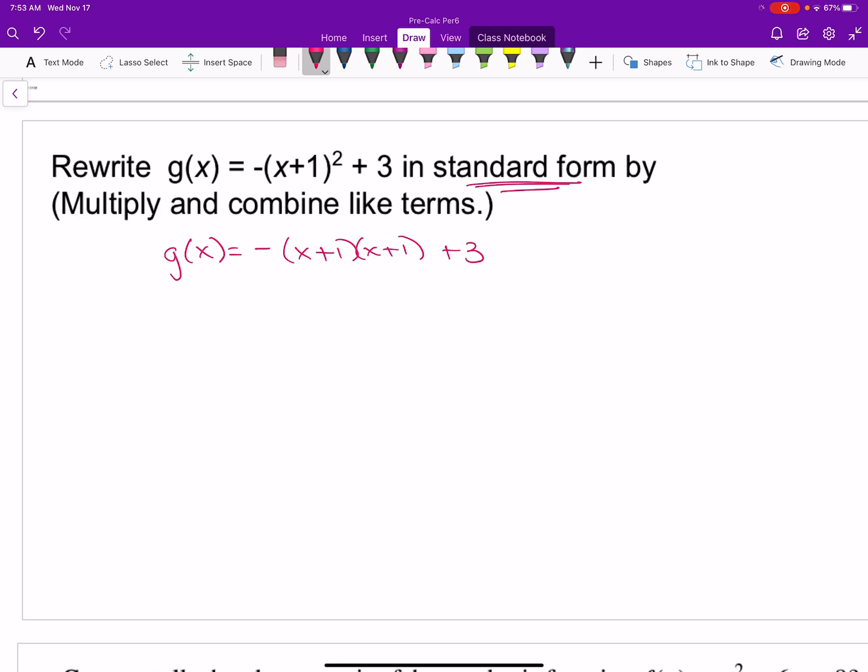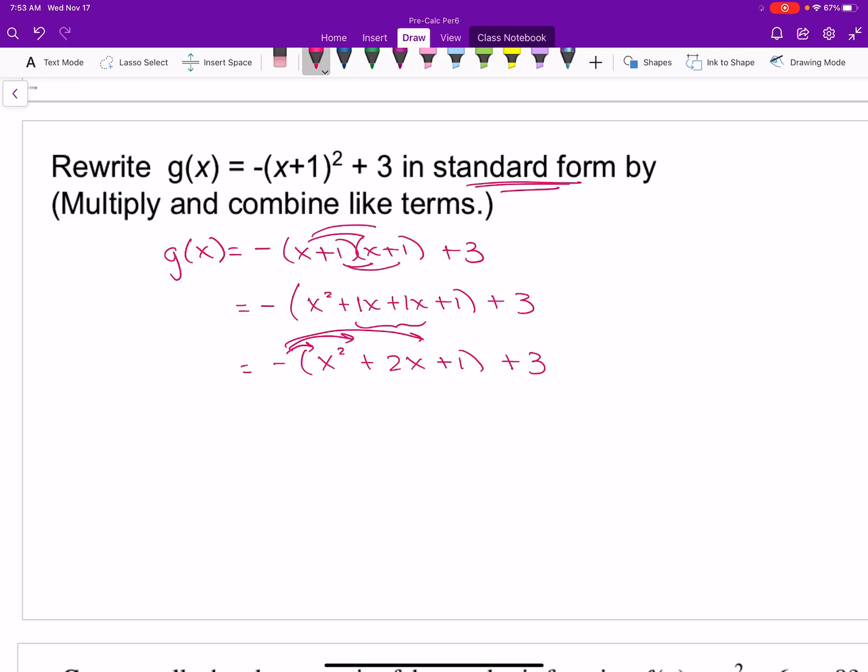That's what it means to square. Double distribute. You would get x squared plus 1x plus 1x plus 1. Combine like terms and get x squared plus 2x plus 1.